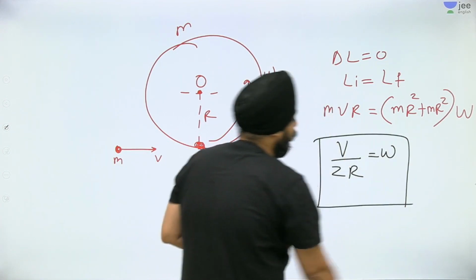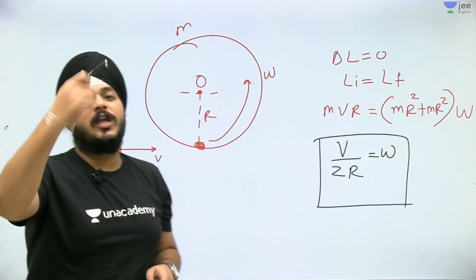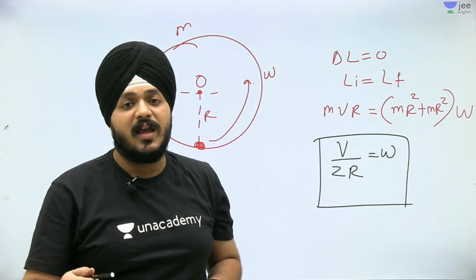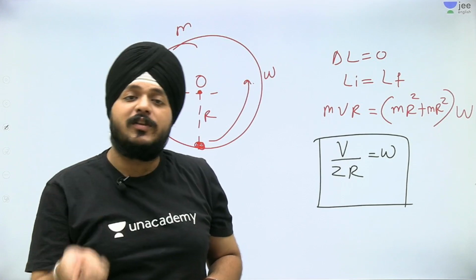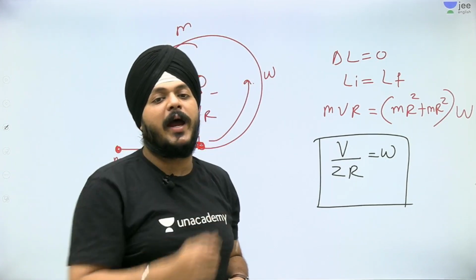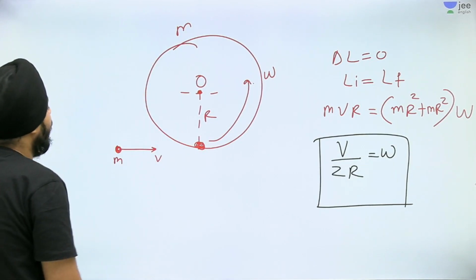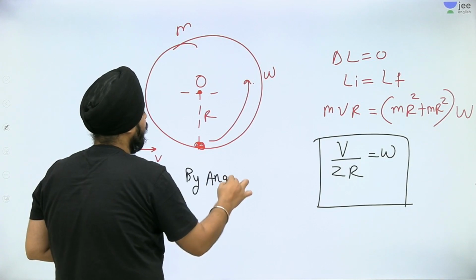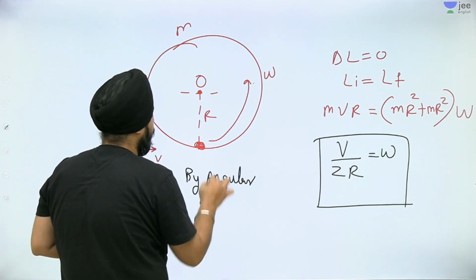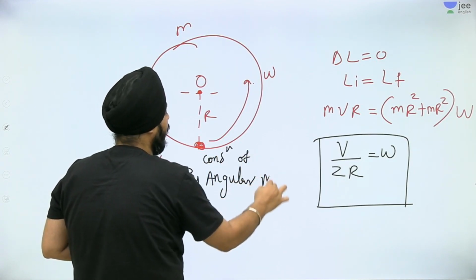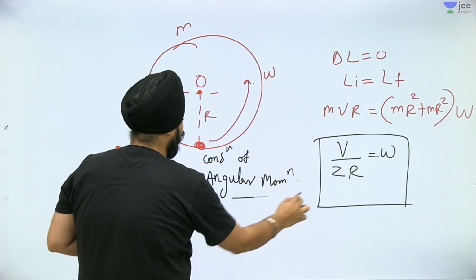So after the bullet gets embedded into the hoop, the new angular velocity of this system, both bullet and hoop, is v by 2r, by conservation of angular momentum. Okay guys, you got it? Yes or no?